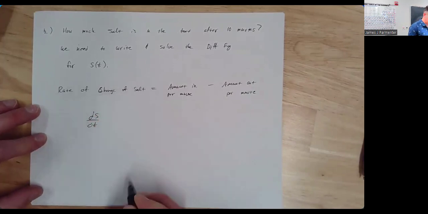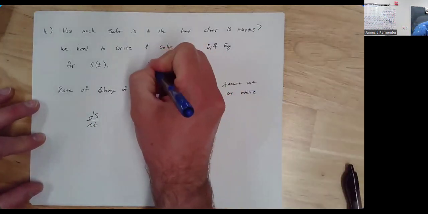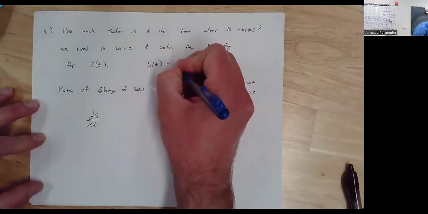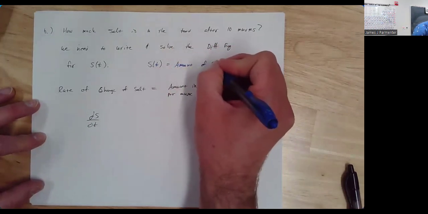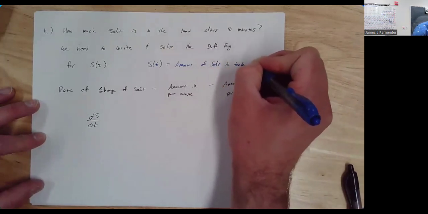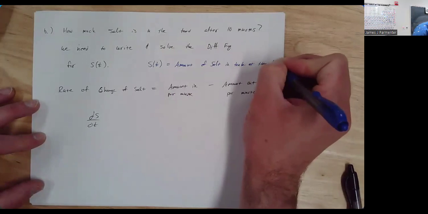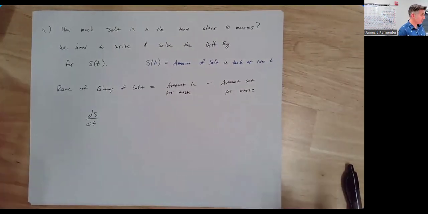Actually, let me back it up for 1 second. Just so we're all clear, we're going to say that S of t is the amount, not the concentration, the amount of salt in the tank at time t. So then dS/dt is the rate of change of the amount of salt at time t.